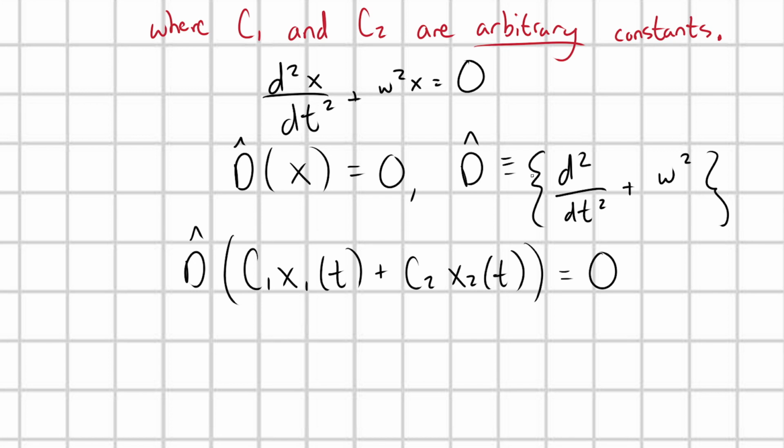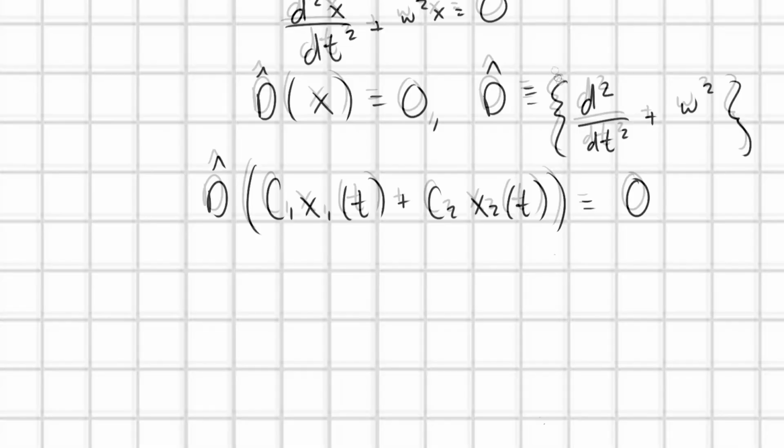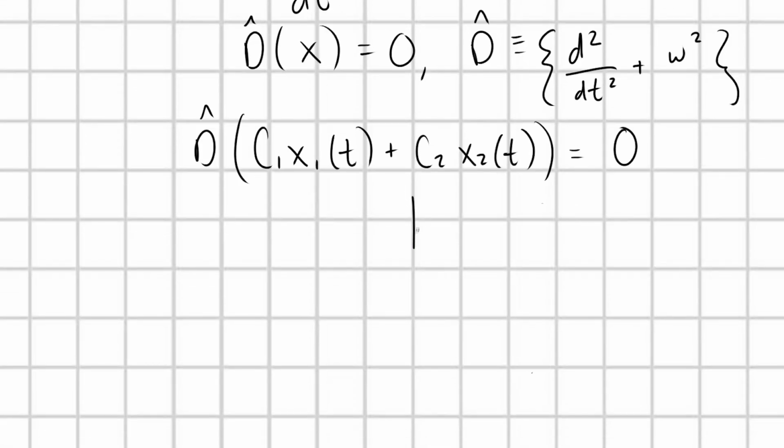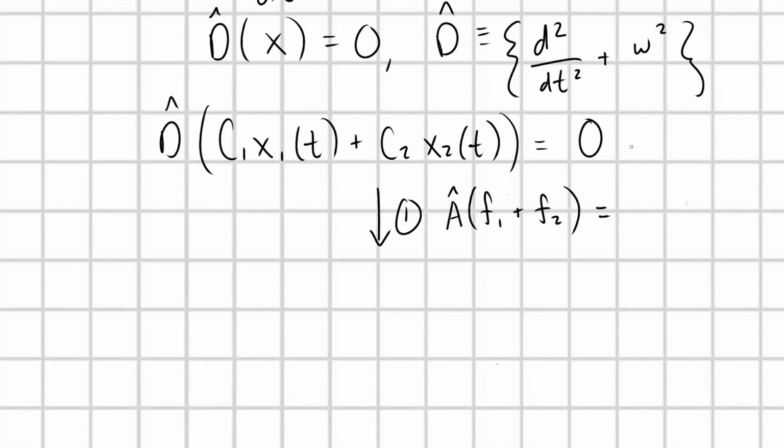Let's see if I can find some properties of linearity that are going to help us break this down. So let's go ahead and use those linearity properties. First, we're going to use the fact that if I take a linear operator operated on two functions, f1 plus f2, because this is linear, this is equal to a hat acting on f1 plus a hat acting on f2.